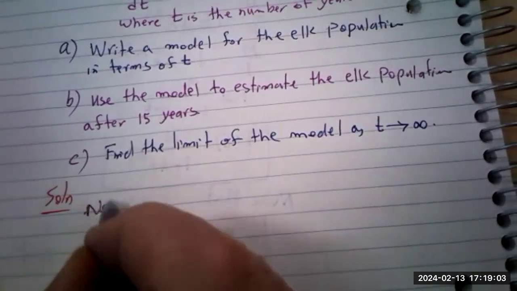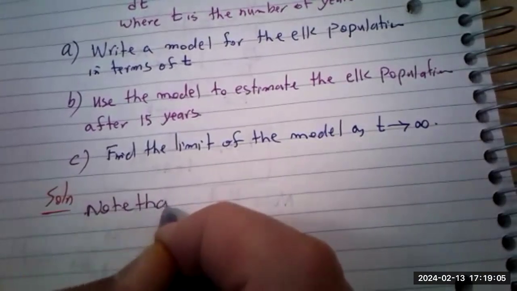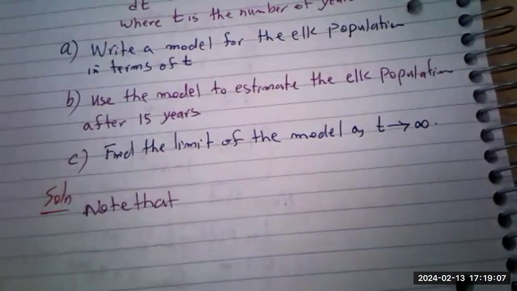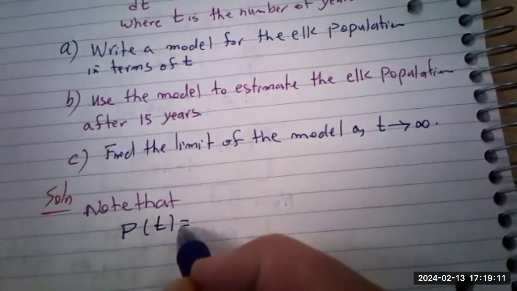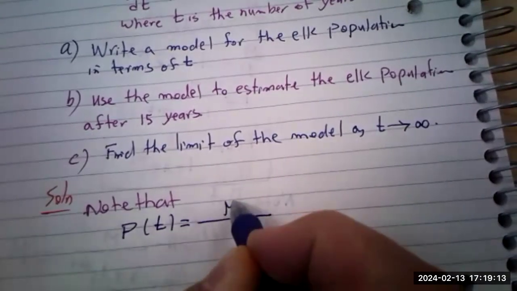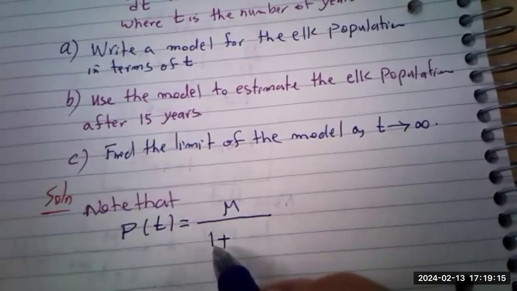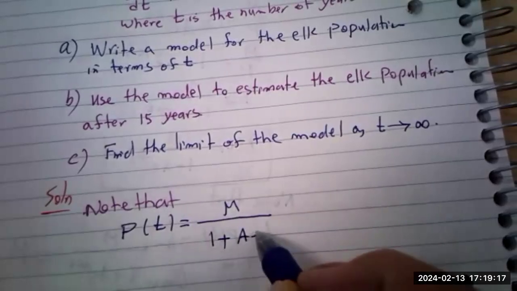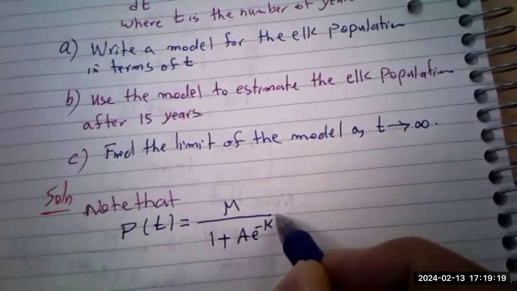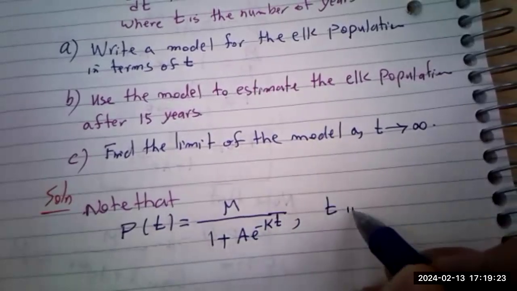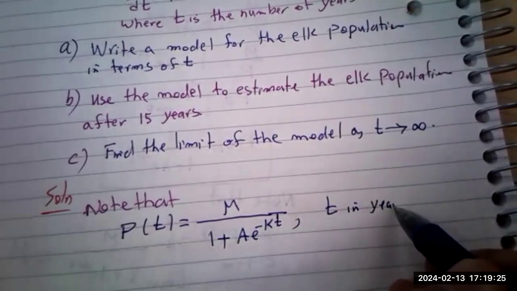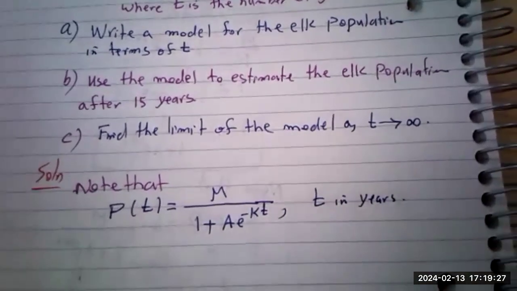Note that in this case, the solution is P of T equal to M over 1 plus A e to the negative KT. T, mention it, is in years. That's your model.